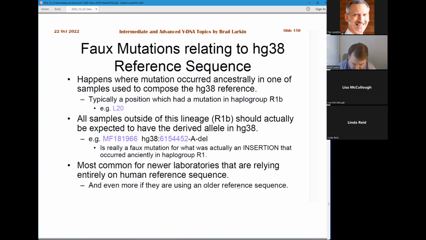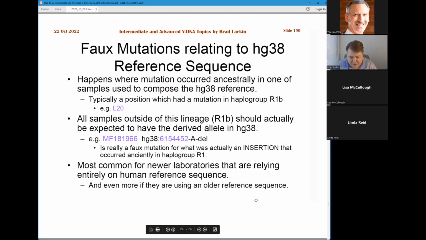All samples outside of that lineage would be expected to show a derived allele at HG38 position 6154452. They would show it as a deletion. But it's really a faux mutation because what actually happened is that it's an insertion at that point, ancestrally in haplogroup R1 ancestor.